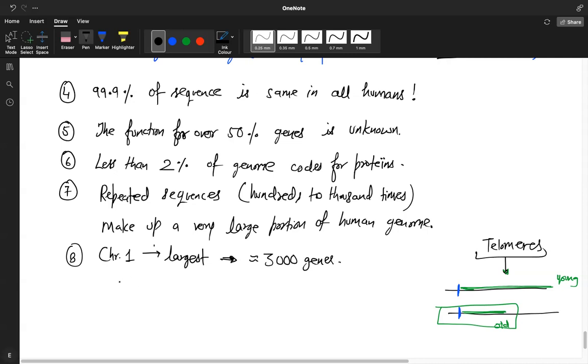And the smallest is the Y chromosome. Those are all genes, not all protein coding. Protein coding are even fewer. So the Y chromosome is the smallest, and it has very few genes, around 230 genes, and even fewer protein coding. Okay.